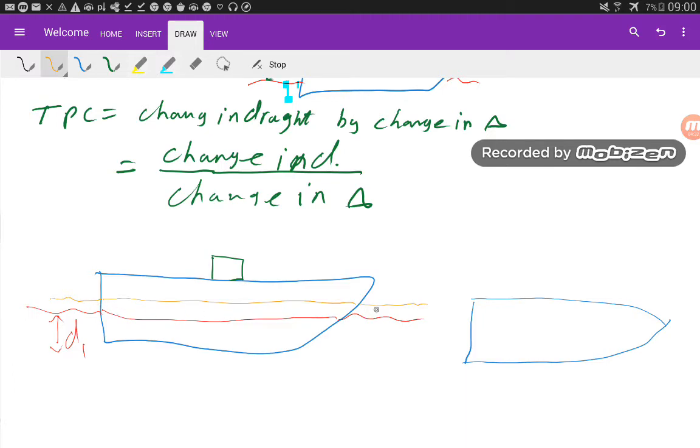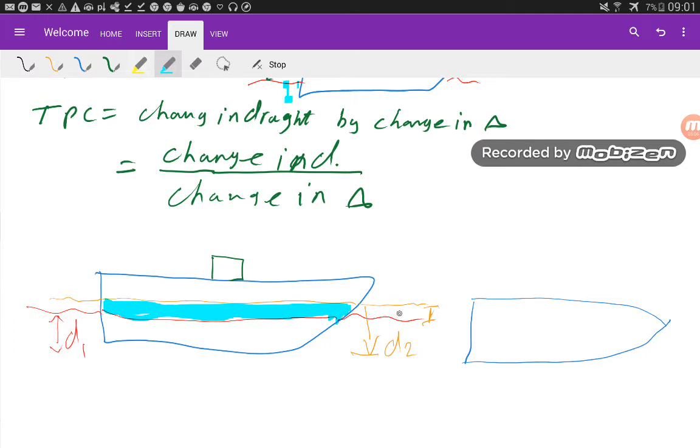And this will be our D2 or draft 2. So if we add 1 ton of cargo, our draft has changed by this much. Okay, this part is the change in the water displacement.